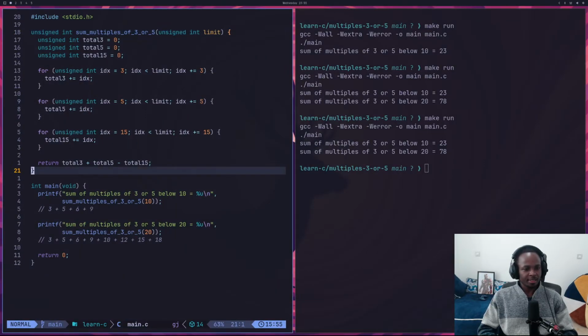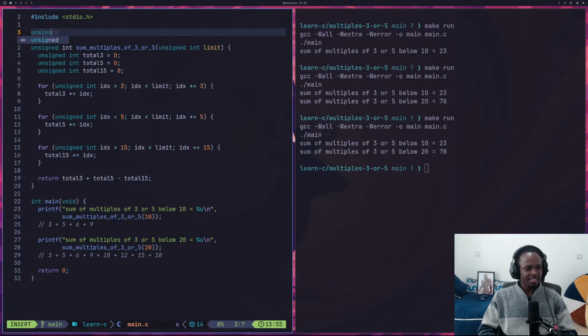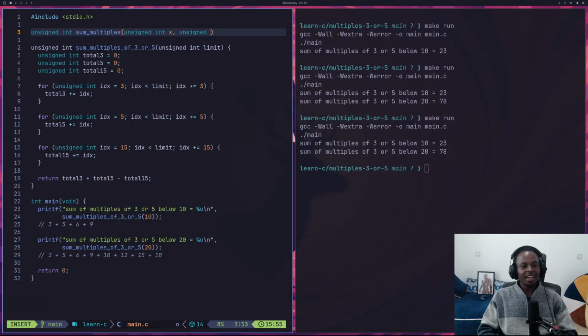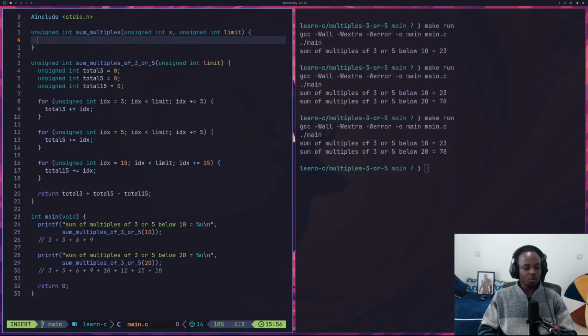And I'm actually thinking, let's just have another function, unsigned int, and we're just going to call it sum_multiples. It's going to take 2 arguments. So let's have it take an unsigned int x and another unsigned int limit. And so what do we want to do?